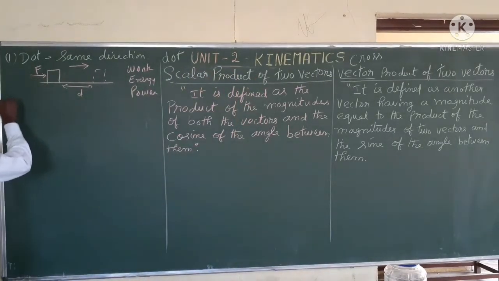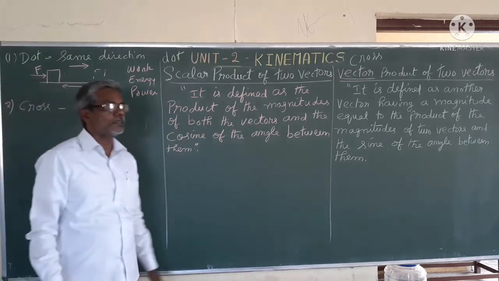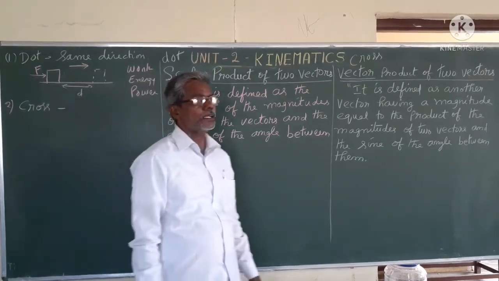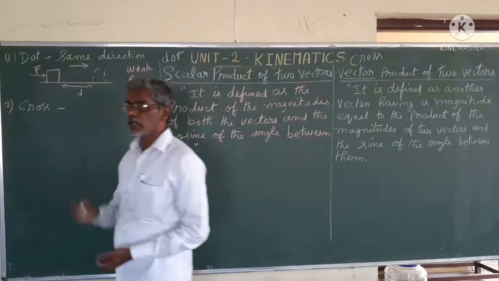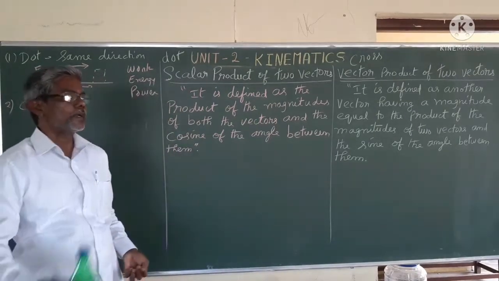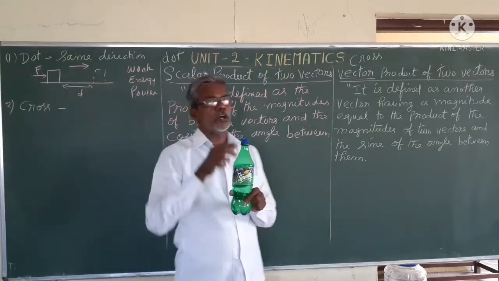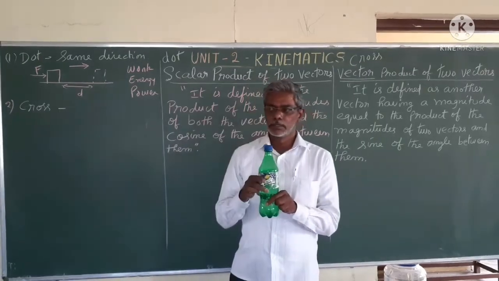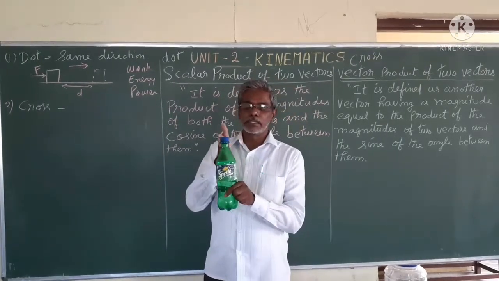Then the second one is the cross product. If the effect is in a different direction, then I can use the cross product. For example, if I take this bottle and want to open this cap, I am applying a force in this direction, correct?